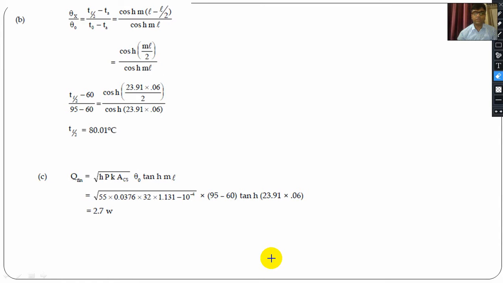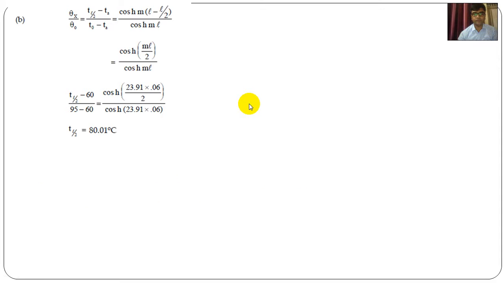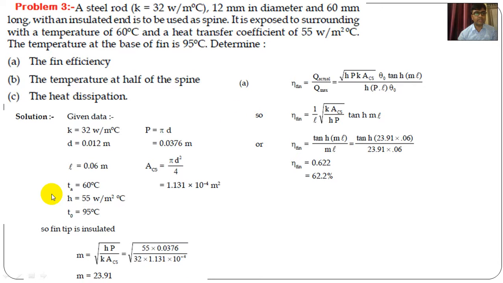One thing is important here. It is only written the heat dissipation. So how can you say the heat dissipation from the root? Yes, of course, it's a very important thing. Always when it is written the heat dissipation or heat transfer from the fin, it definitely means the heat transfer from the root. Clear?